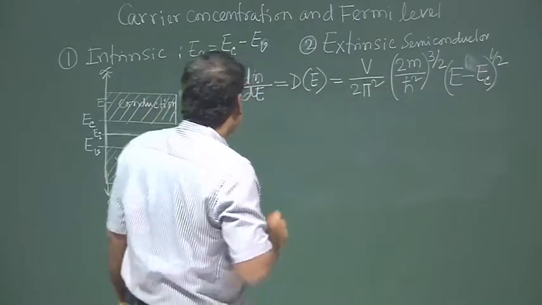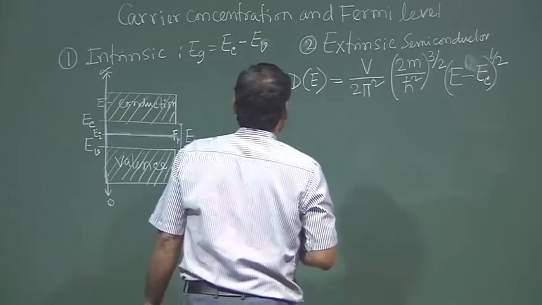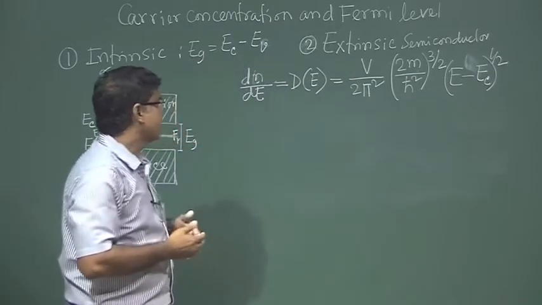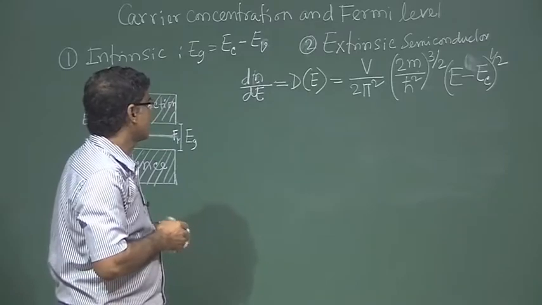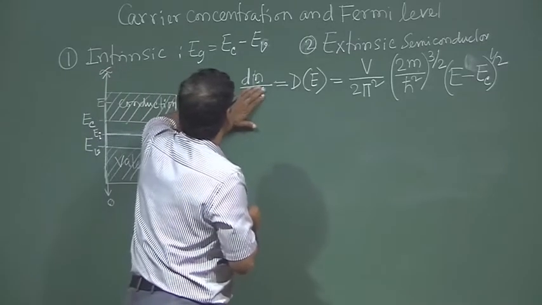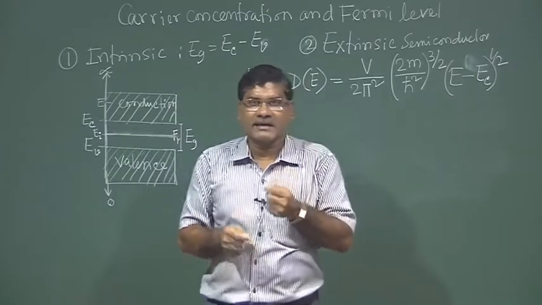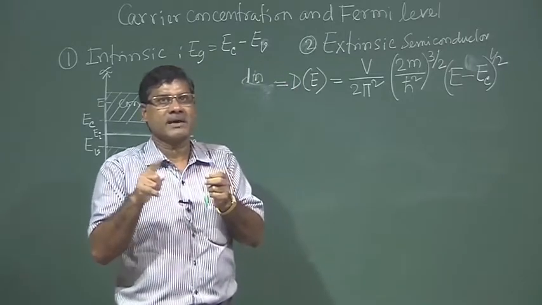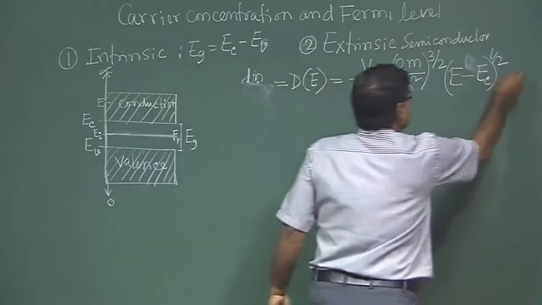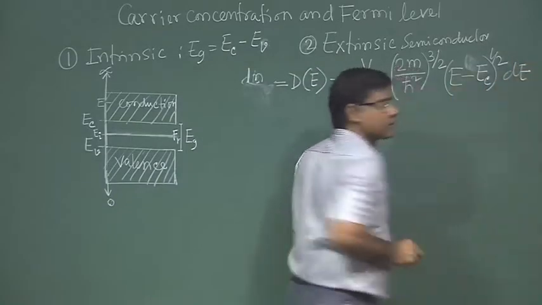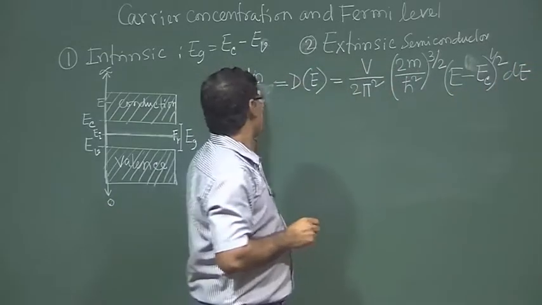Now, the number of electrons, dN, in the energy range E to E plus dE, that will be this.